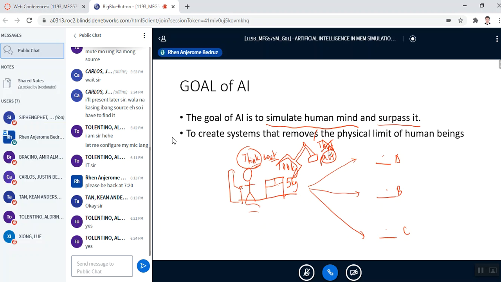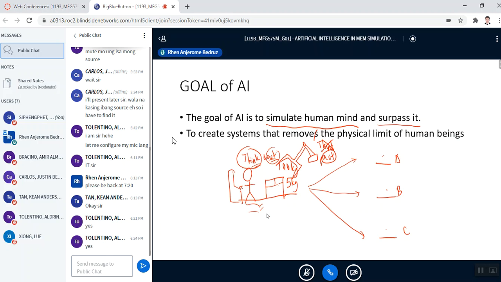So now the goal is this. Since humans are capable of thinking, we need a better way of acting, just like this robotic arm. Since we are human beings, we cannot force ourselves to lift 100 kilos.